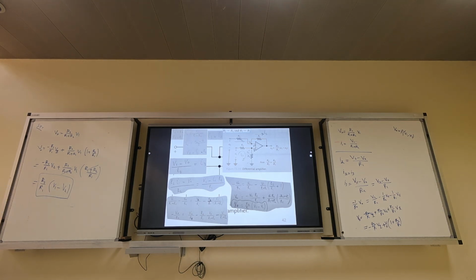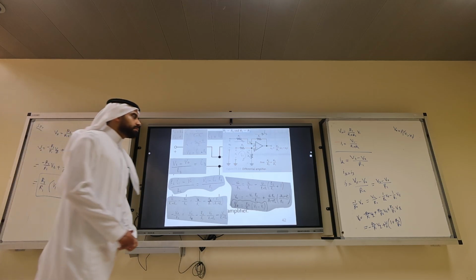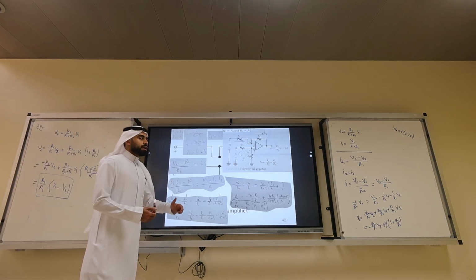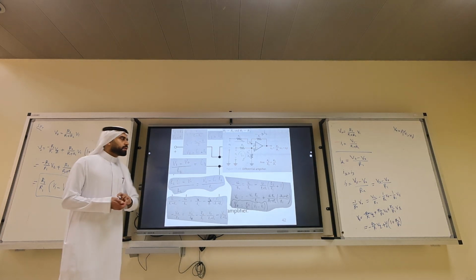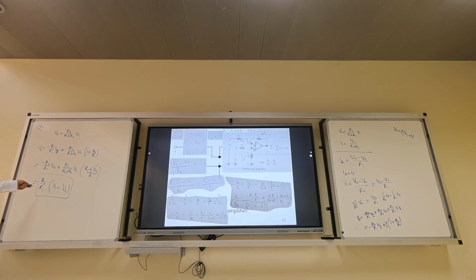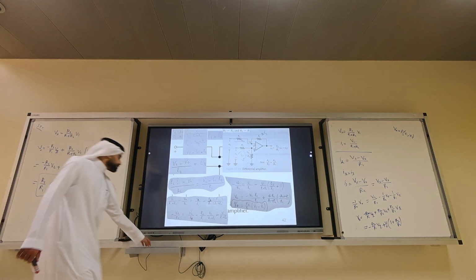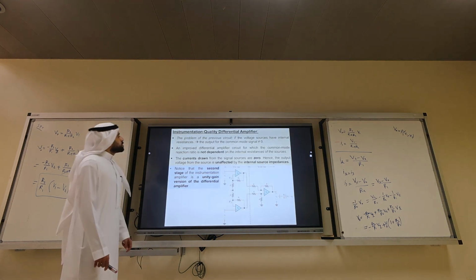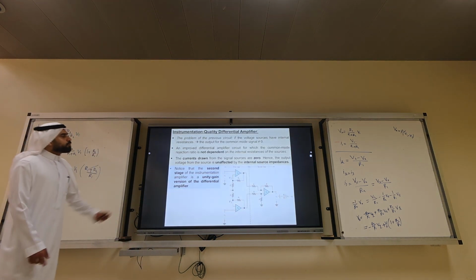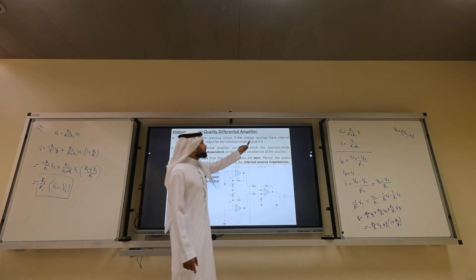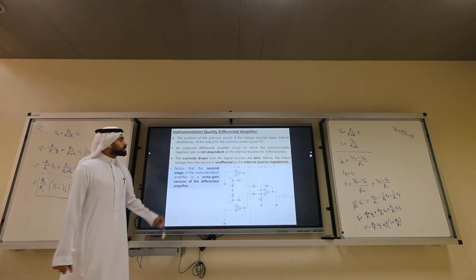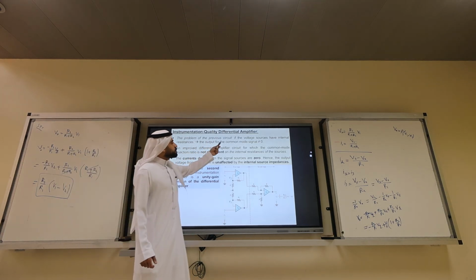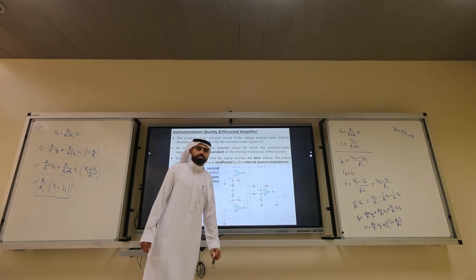But there is a problem with this circuit. If we have a voltage source that has a resistive load, and R1 and R2 are small enough, you will lose some voltage. So the problem of the previous circuit is that if the voltage sources have internal resistances, which we explained at the beginning of this lecture, the output for the common mode signal does not equal 0.